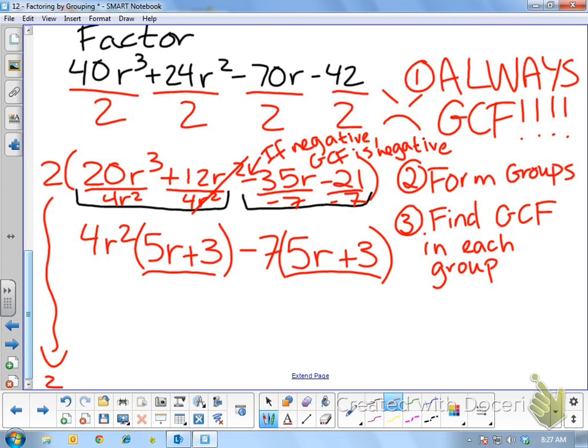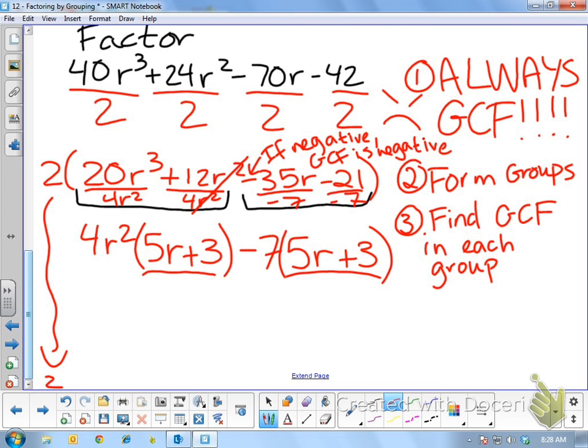And it matches for a specific reason. We're going to factor this out of the problem. Just like how we divided 7 out of everything, we're going to divide 5r plus 3 out of everything. But when we divided 7 out of everything, even though we had 2 here, how many did we have left in our answer? Just one of them. So that's going to be the same with our 5r plus 3's.